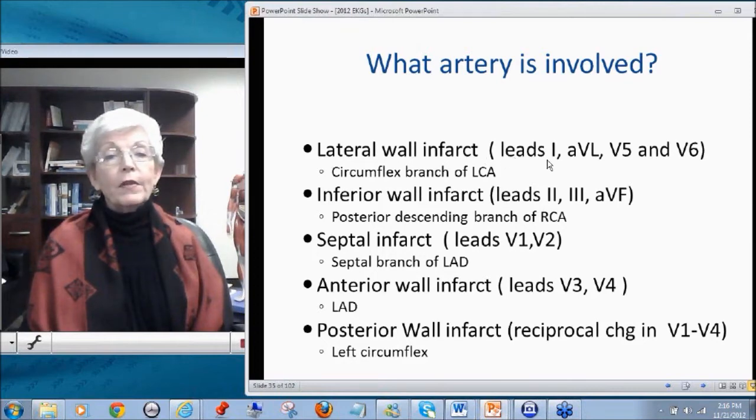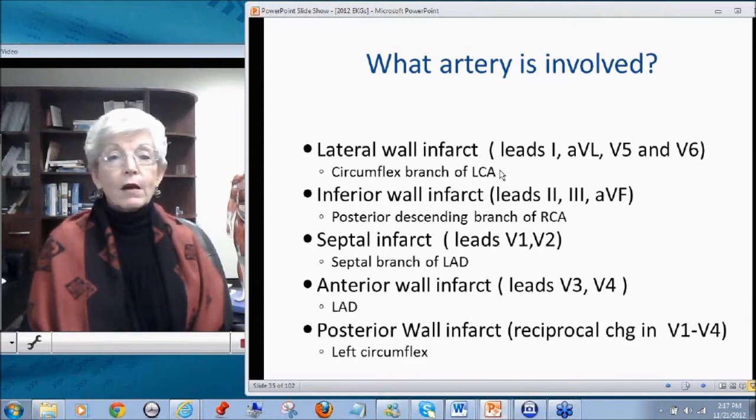Well, anything on the left arm, which would be lead 1 and AVL, and anything on the lateral aspect of your chest, which is V5 and 6 at the anterior and mid-axillary lines. They're all looking at the lateral wall. If you had changes in these leads and you decided that you had a lateral wall infarct, it is literally the circumflex branch of the left coronary artery that is involved.